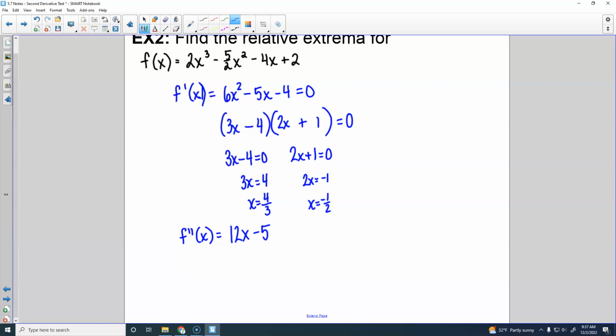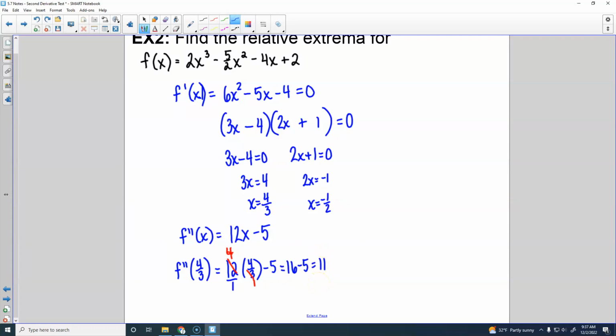So we need to check each one of these points. We got to plug these in. So we're going to do f double prime of 4/3. So 12 times 4/3 minus 5. This is going to be 12 over 1. You could reduce that 12 and 3, so it would be 4 and 1, so you'd get 16 minus 5, which is 11.